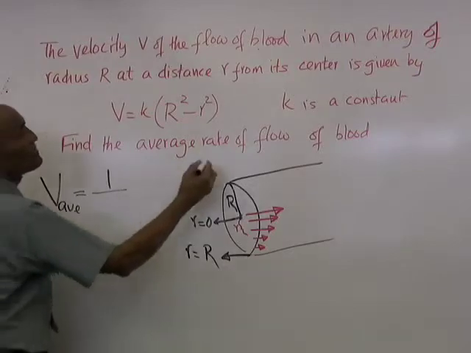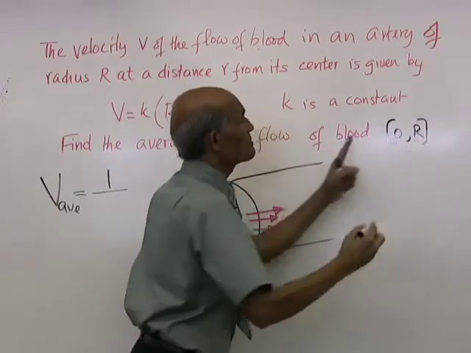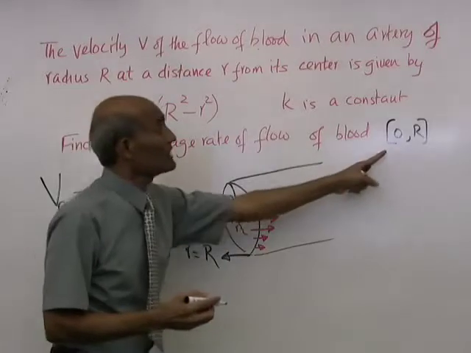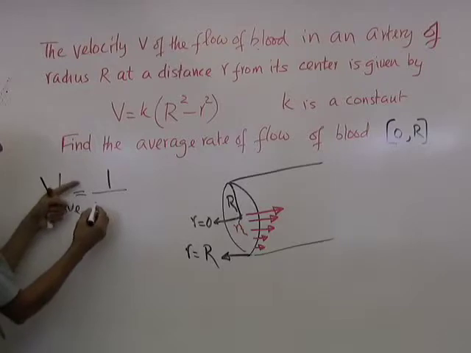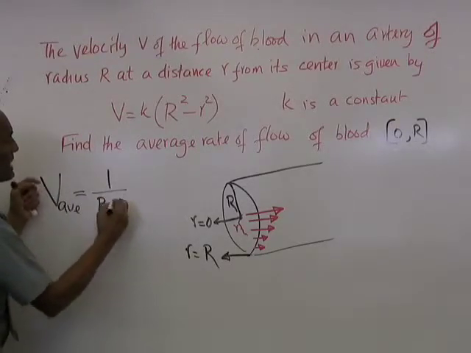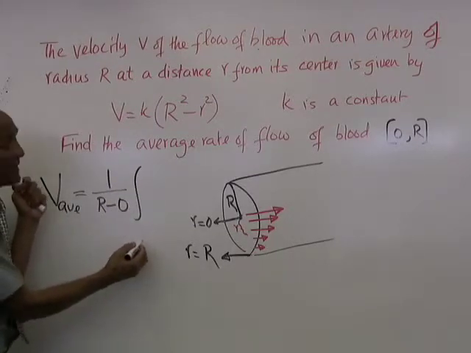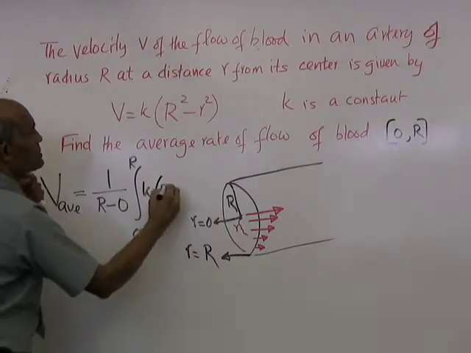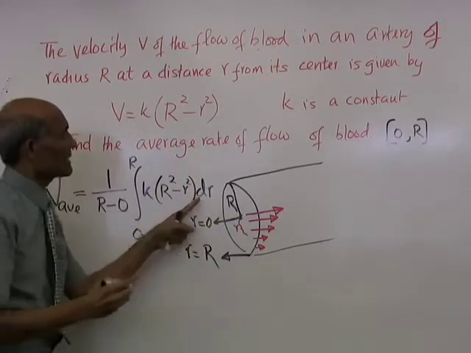So you need to therefore have the interval 0 to R. We need to find the average value of this function on the interval 0 to R, and therefore the average value will be 1 over R minus 0, integral from 0 to R of the function k times (R squared minus r squared) dr. Look at that.